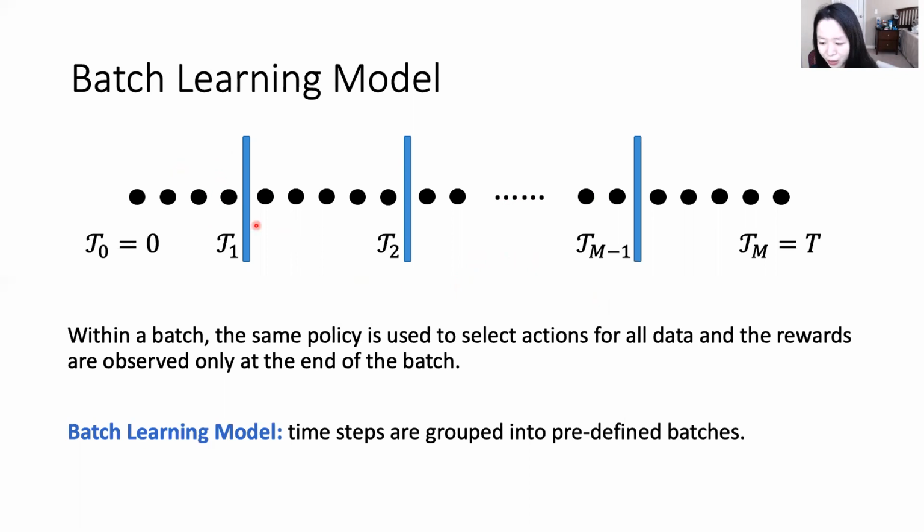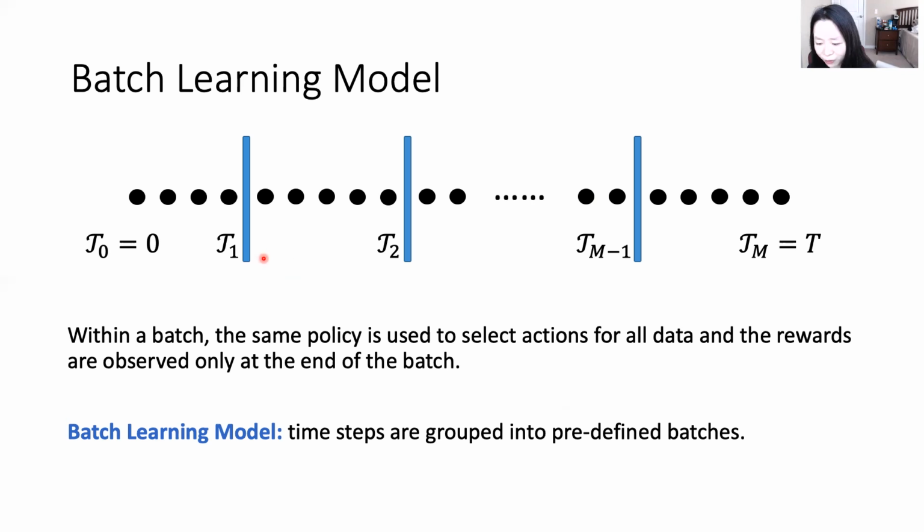Within a batch, the same policy is used to select actions for all data, and the rewards are observed only at the end of the batch. So the challenge here is first how to design the size of batches, and then how to design the decision policy within each batch to find the trade-off between optimal performance and fewer batches. That's why we call it limited adaptivity.